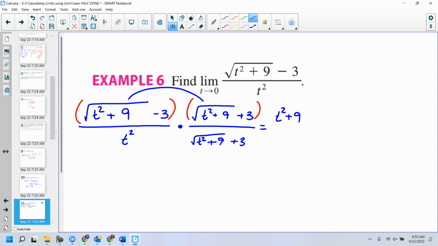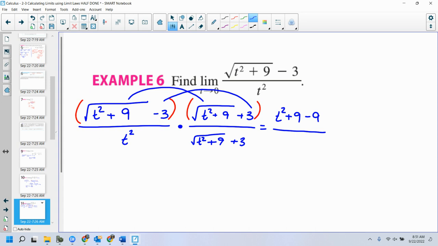And the reason we use a conjugate is because the inners and outers will cancel. Take a look at my inners and outers. My inners is a negative 3 radical t squared plus 9. My outers is a positive 3 radical t squared plus 9. Those will cancel because I've used the conjugate. And then I have my last. Negative 3 times positive 3. That's a negative 9. Hey, that looks convenient.